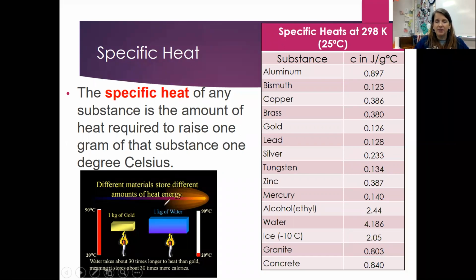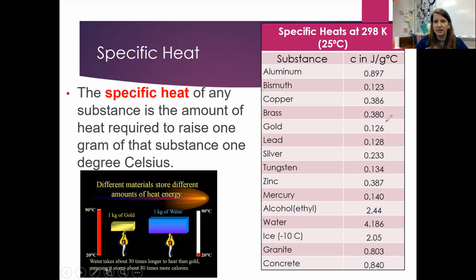When you look at this picture down here, we can see that we have a kilogram of gold and we have a kilogram of water. So we have the same mass of each of those objects. And you can see that they're both lit by the same flame, so that we're giving them the same kind of energy. But you can see that we were able to heat this gold up much, much greater than we were able to heat up this water. And that's because of their specific heats.